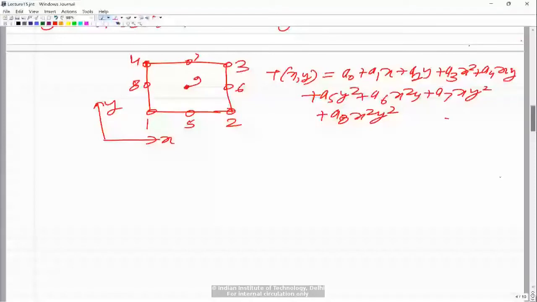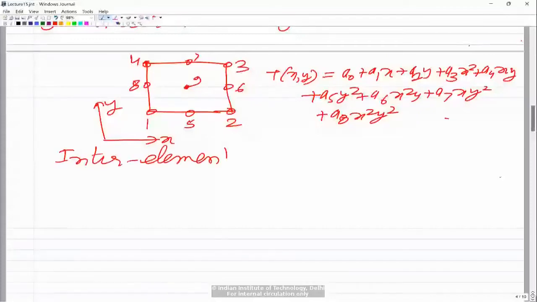I will discuss that when I talk about the formulation in natural coordinate space. But let me just write that we also have to look at this criterion, that is inter-element compatibility.